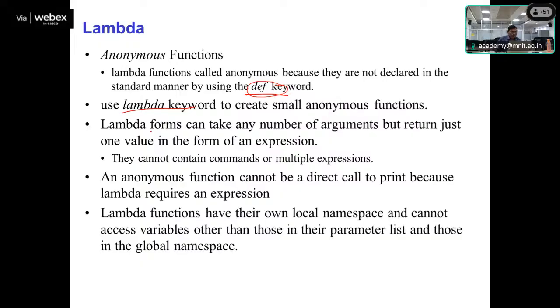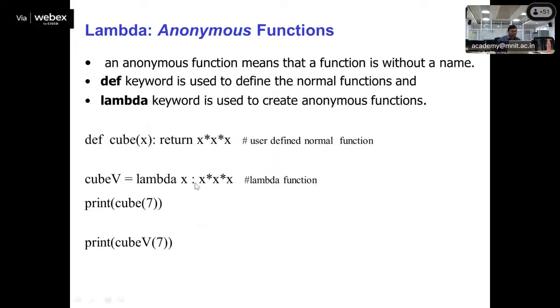A lambda function can take any number of arguments, but it always returns one value in the form of an expression. Okay. So let us check how it is written. For that purpose, we use the keyword lambda. We write lambda x. It is taking some argument, and then here we write some computation.